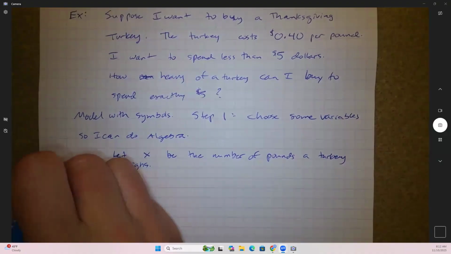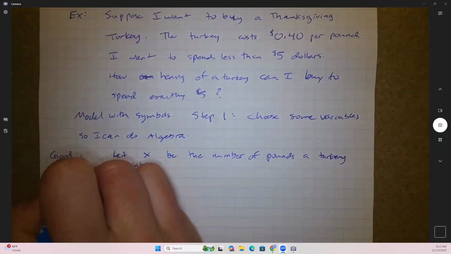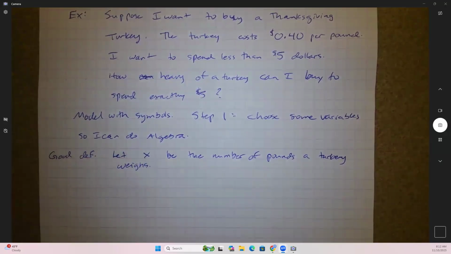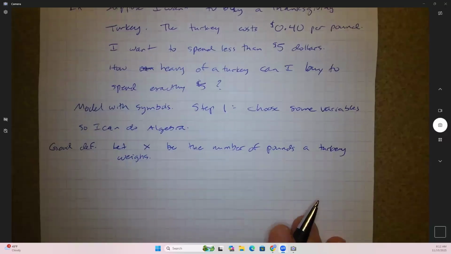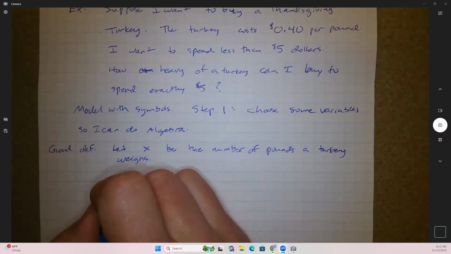This is a good definition because I'm specifying X is a variable that represents a number.